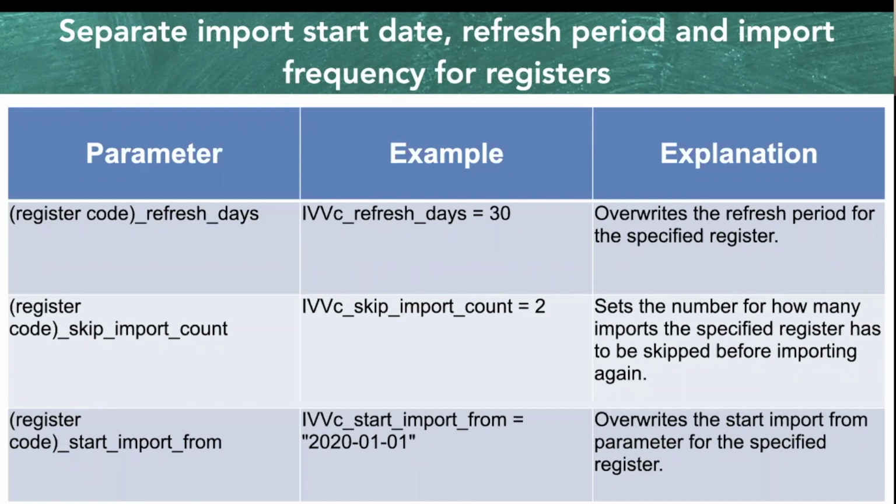There's a section available for system administrators for the account, where we can customize the account in multiple ways. So these are the parameters to be used here, where the start is just a register code like this, and then you specify refresh days 30, skip import count 2, or when we start the import for this register.